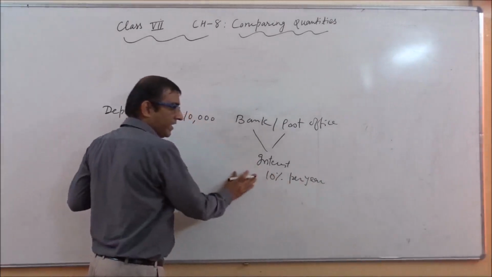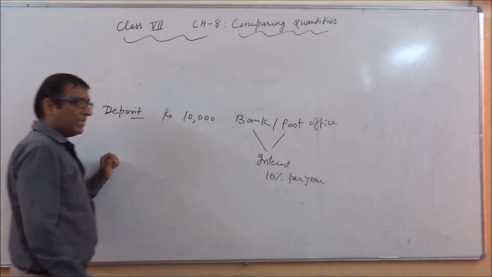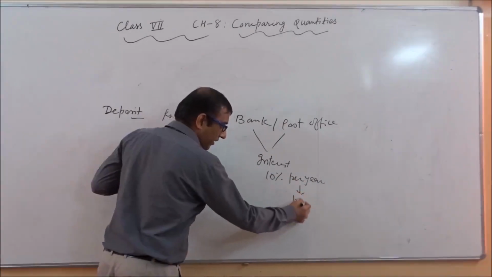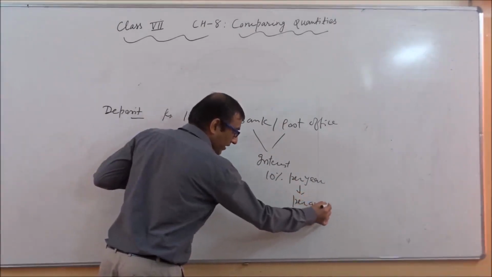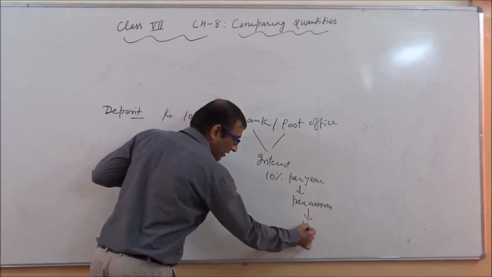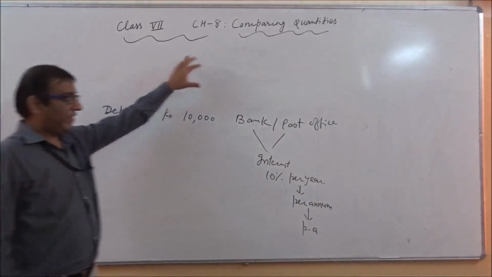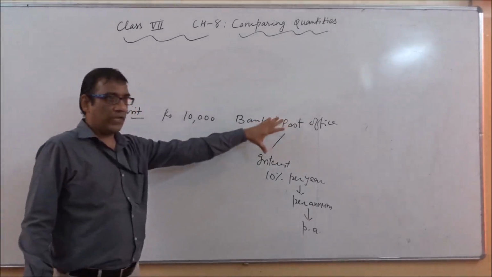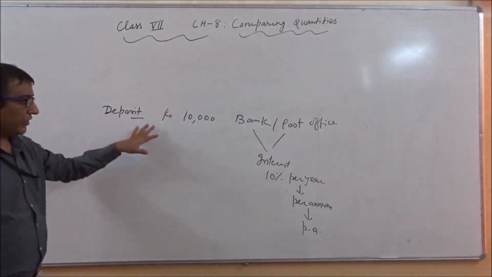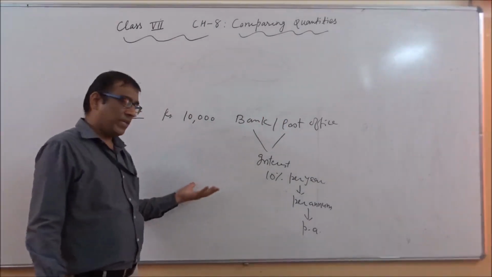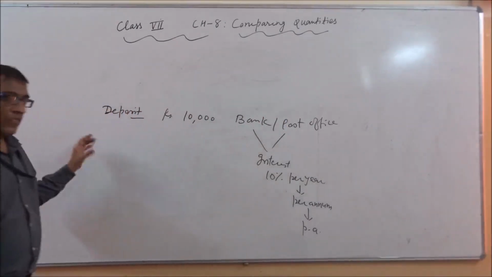Interest is always related with percentage, and this is per year, or per annum, and the symbol is this. So whenever we deposit something in a bank or post office or any financial institution, they will give us some interest. It may be for 1 year or 2 years or 3 years, at some percentage.